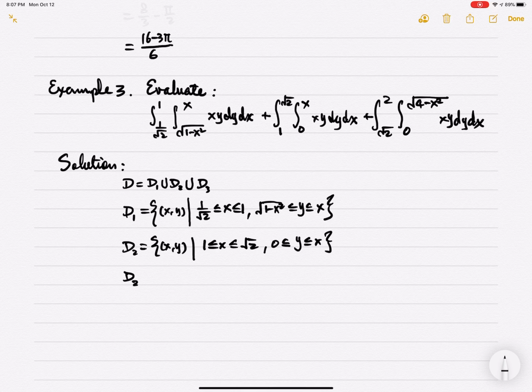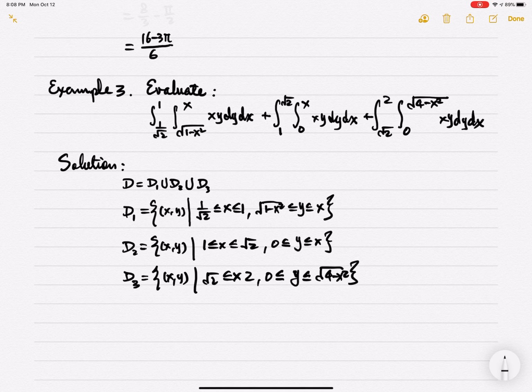And then D3 is x between root 2 and 2, and y between 0 and root 4 minus x squared.